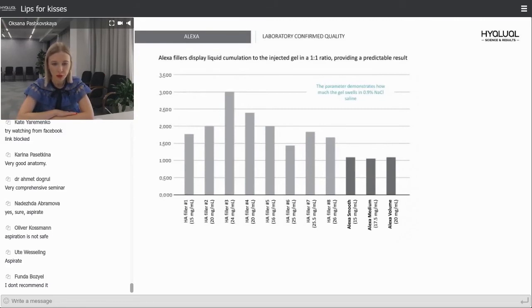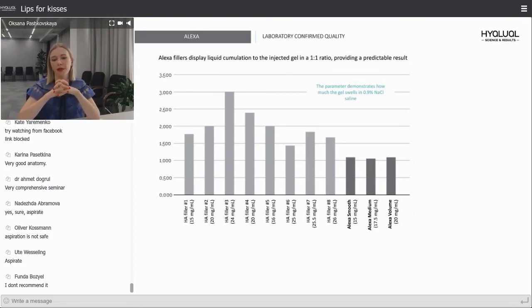And also about display liquid formulation. If we put 1 milliliter of filler, we achieve result with 1 milliliter of filler, because some fillers could really lead to swelling, and I think nobody wants to get different size of lips depending on periods or when something changes with health.